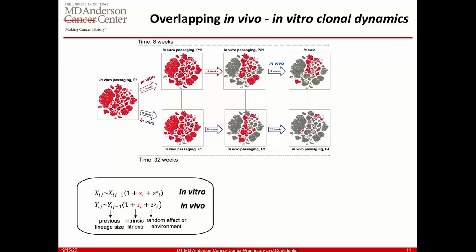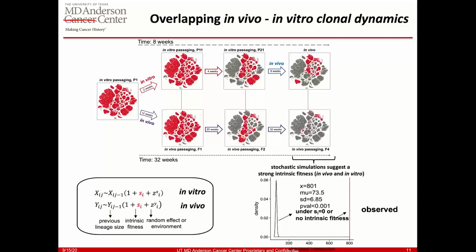And we model this in vitro and in vivo. And we argued that if there is no intrinsic fitness, then if we were able to do random selection from a previous passage, the number of cells which are overlapping would only be a function of their previous size.